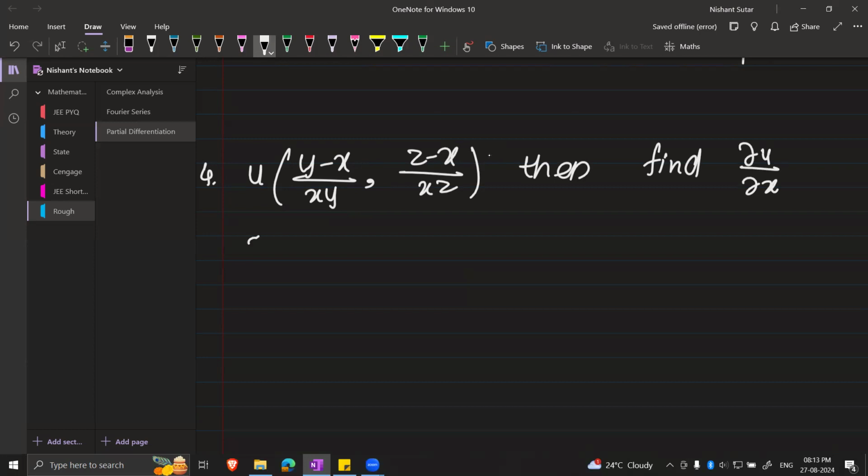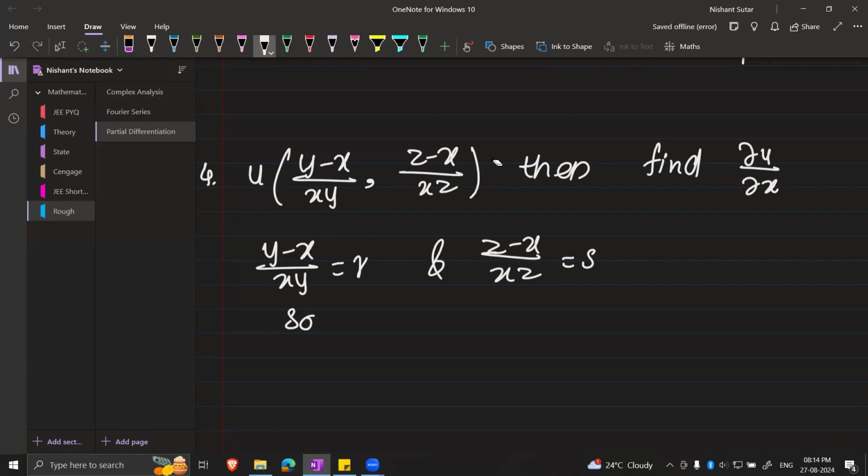So by formula we have del u by del x will be, I should say, before starting this, I should say my y minus x upon xy is r, and my z minus x upon xz is s.